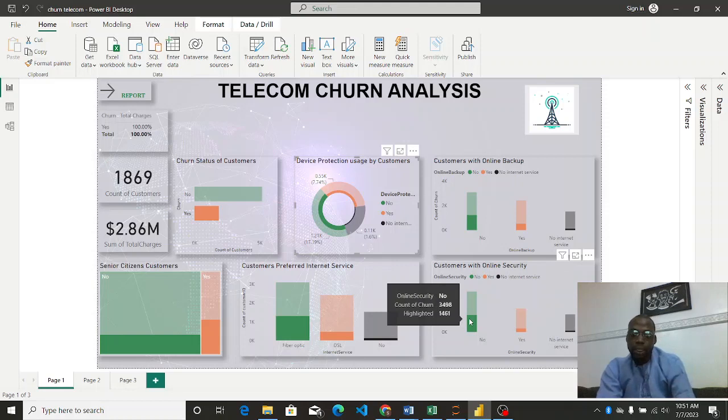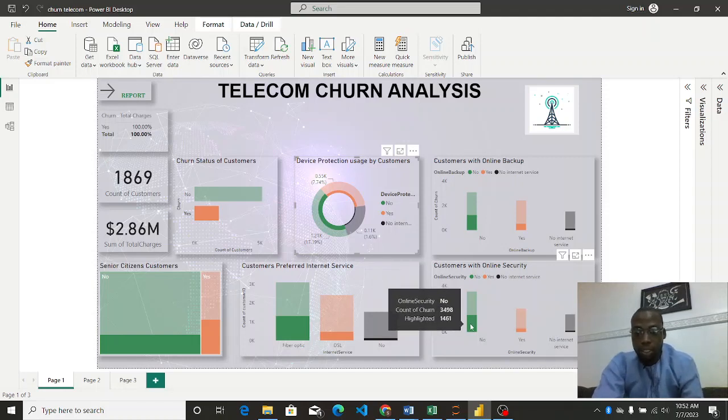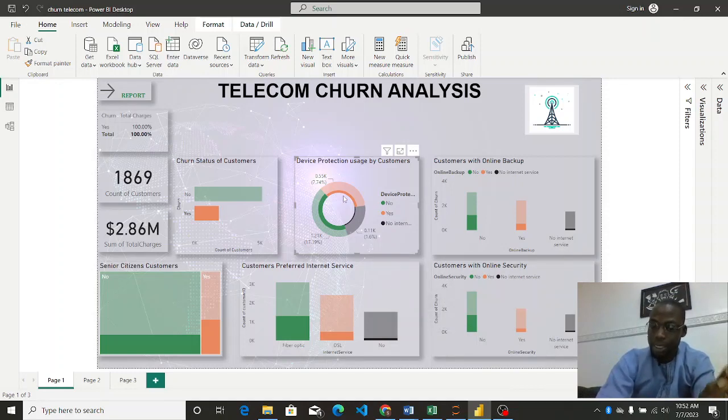So them not having online security is also a factor in them churning the telecom service. That doesn't mean that is the main factor, just like the device protection.